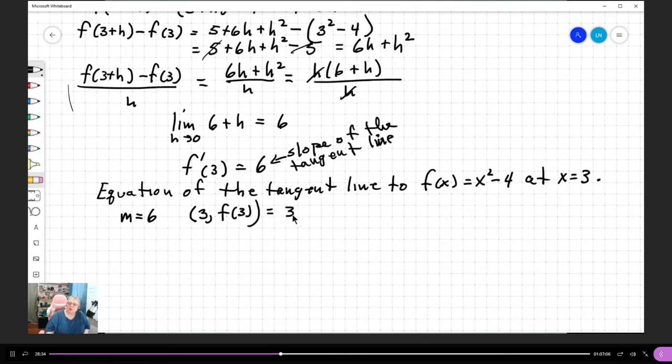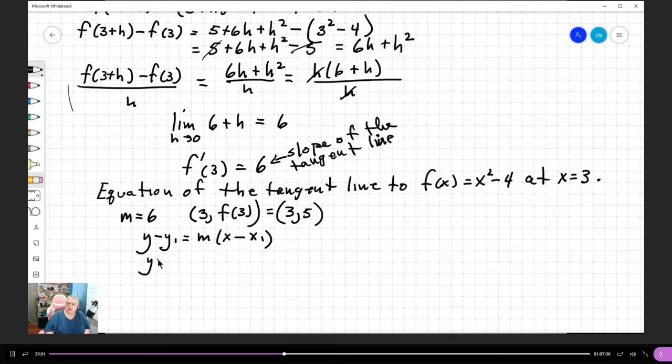So that's going to be 3, comma, what do I get when I plug 3 in here? Well, 3 squared is 9. 9 minus 4 is 5. So now I have a point and a slope. I'm going to come over here to the point slope form for the line, and I'm going to put it all together.